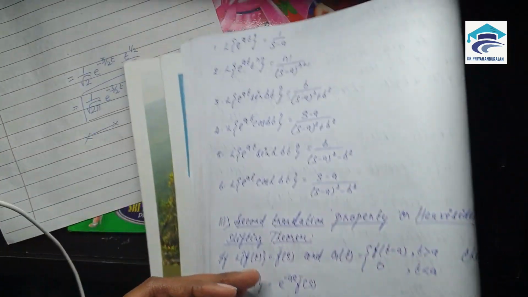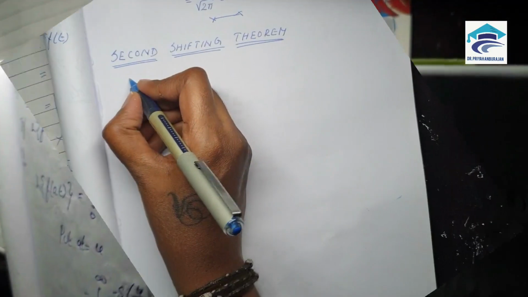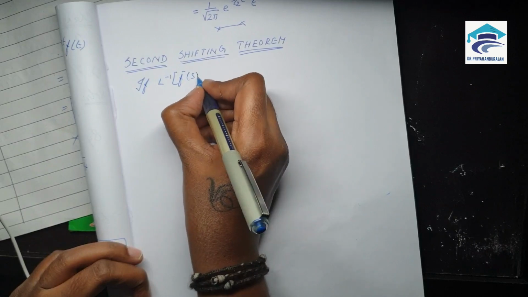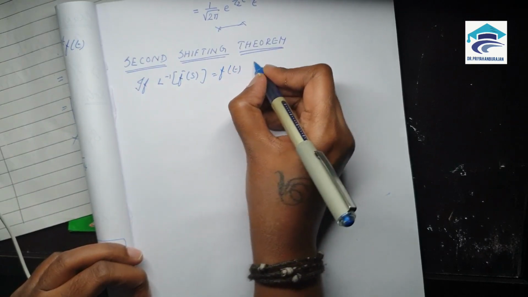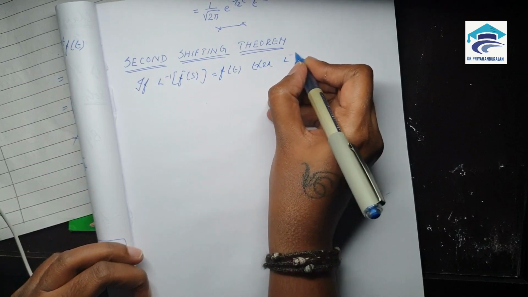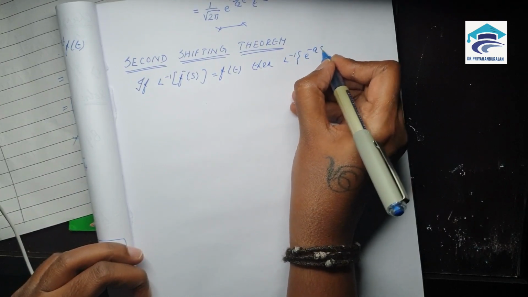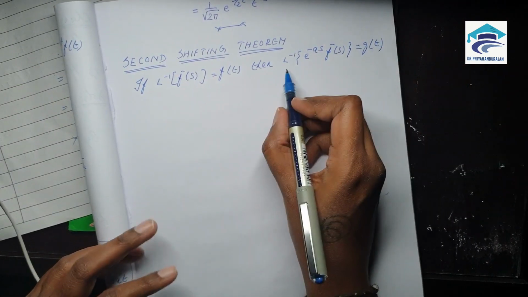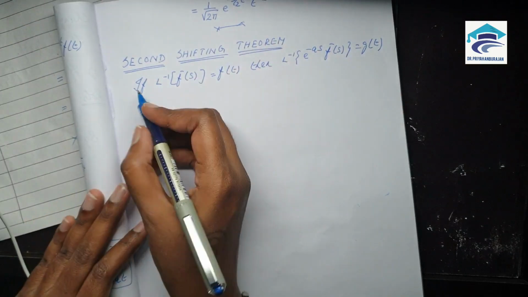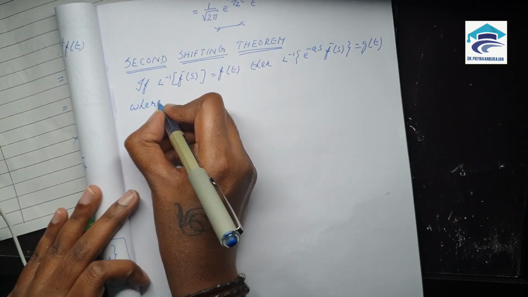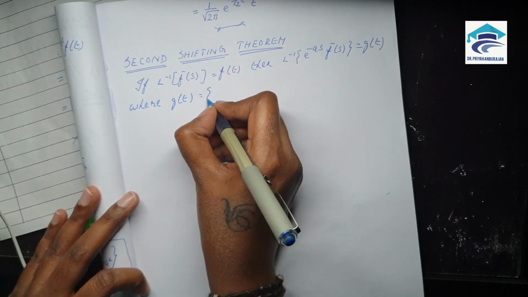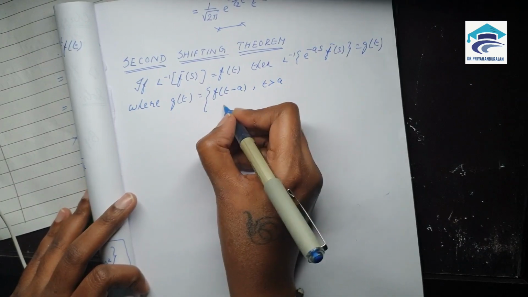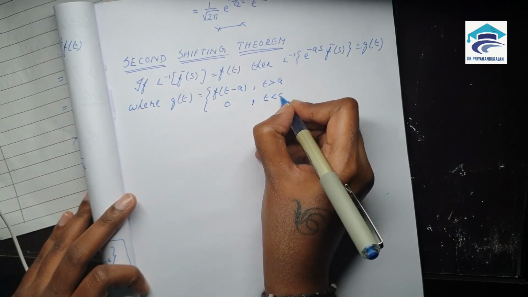So let me write the definition for the inverse Laplace transforms. If L inverse of f bar of s is equal to f of t, then L inverse of e power minus as f bar of s is equal to g of t, where g of t is equal to f of t minus a for t greater than a, and it is 0 for t less than a.